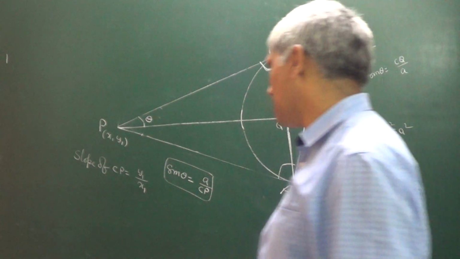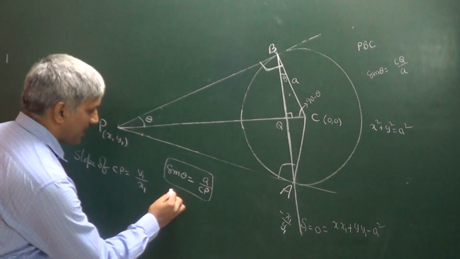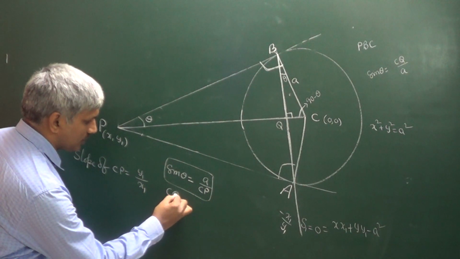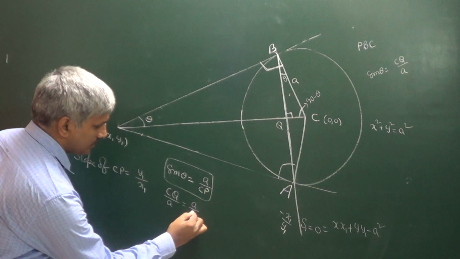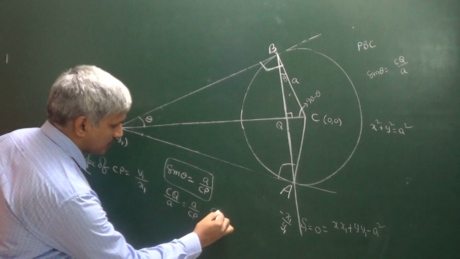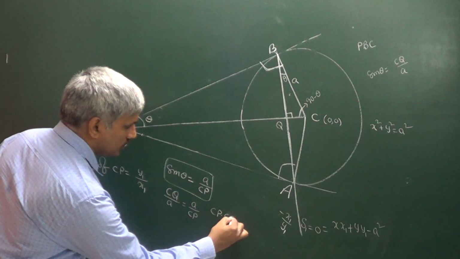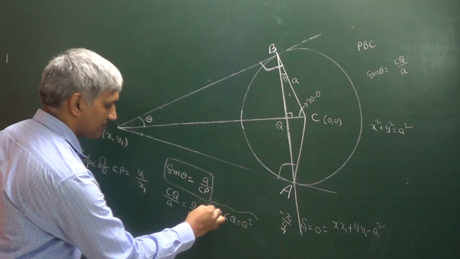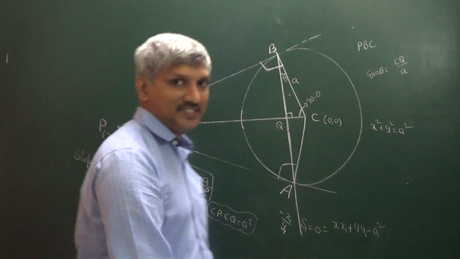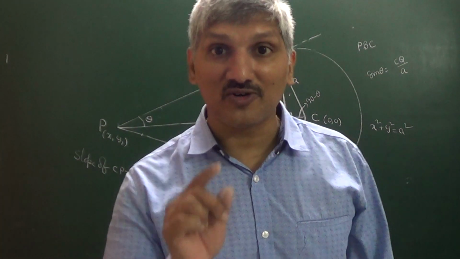CQ divided by A is equal to A by CP. Now you can observe CP into CQ is equal to A square.